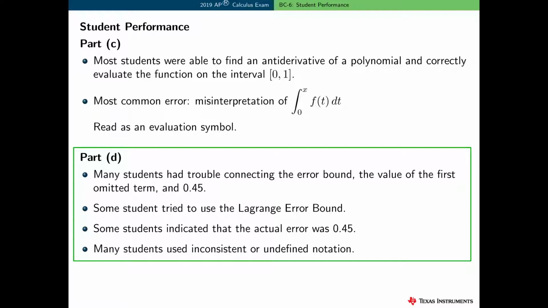In Part D, many students had trouble connecting the error bound and 0.45. Some students tried to use the Lagrange error bound, and some students indicated that the actual error was 0.45. Unfortunately, many students used inconsistent or undefined notation in Part D.